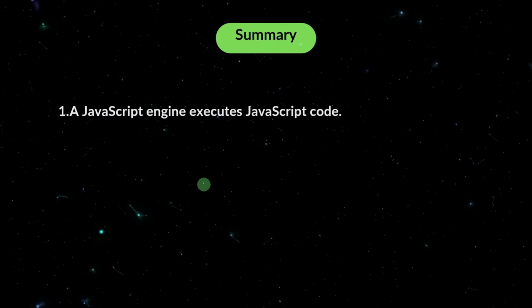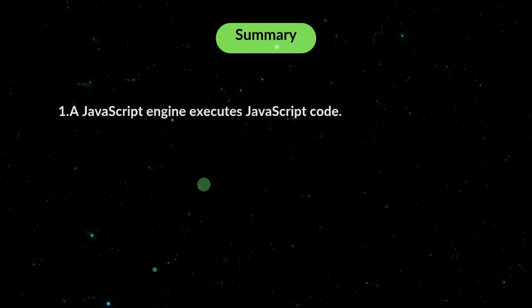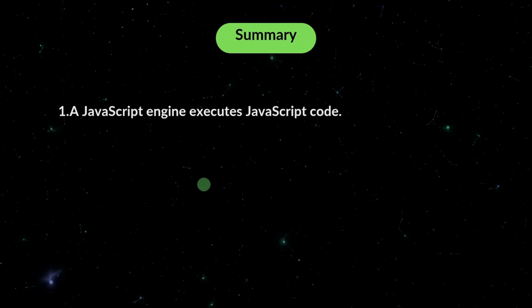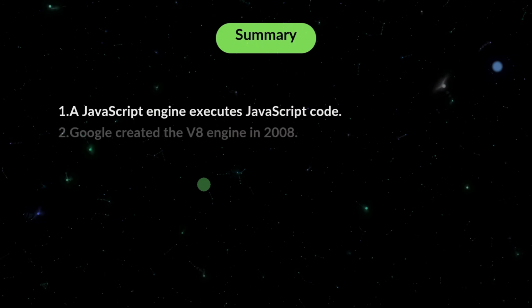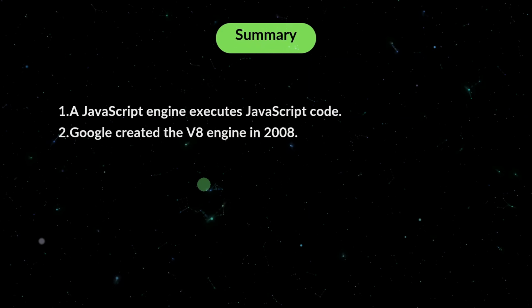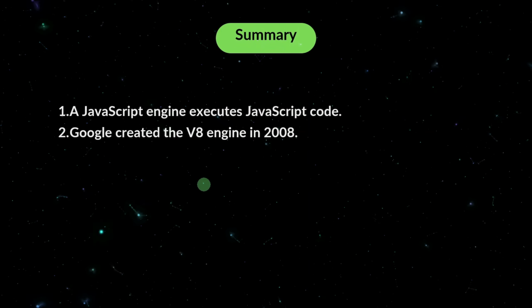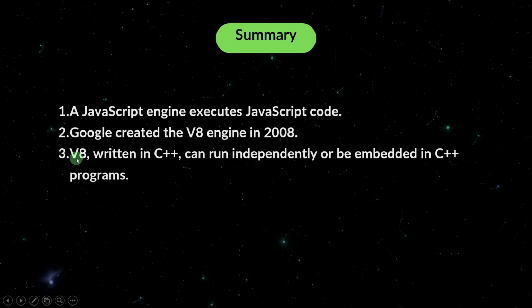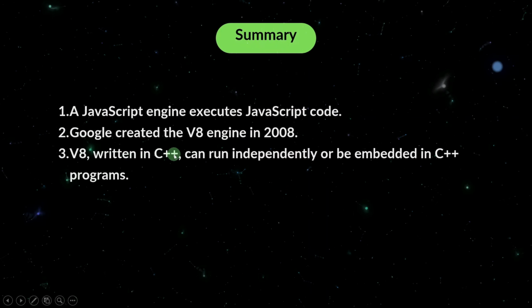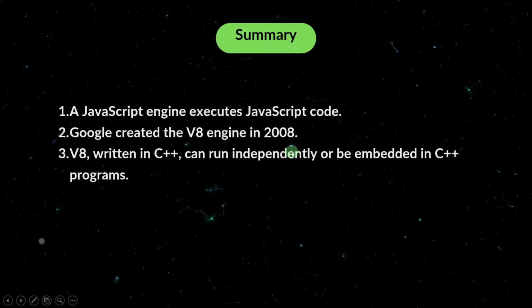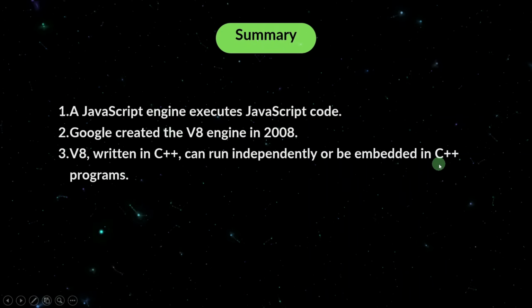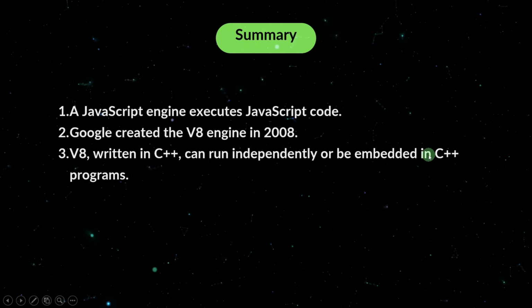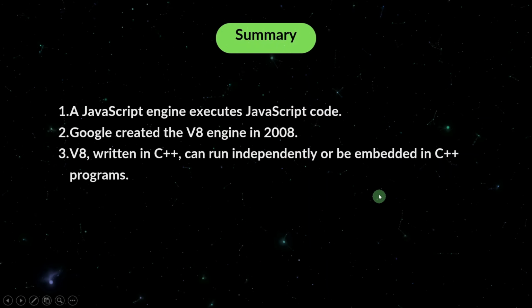To summarize, a JavaScript engine is used to execute our JavaScript code. In 2008, the V8 engine was created by Google, and it is used in the Chrome browser. The V8 engine is written in C++, and it can run independently or be embedded in C++ programs.